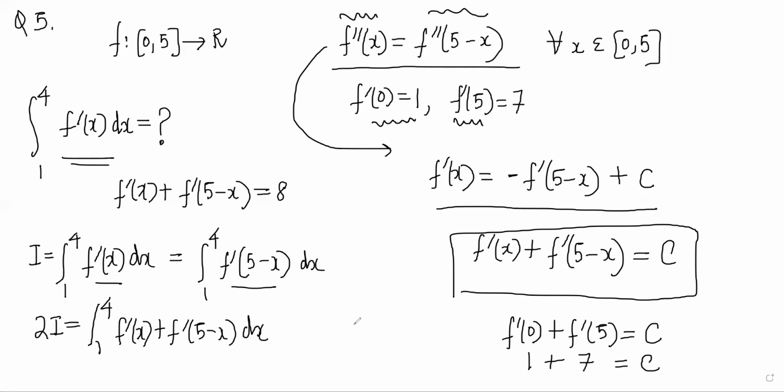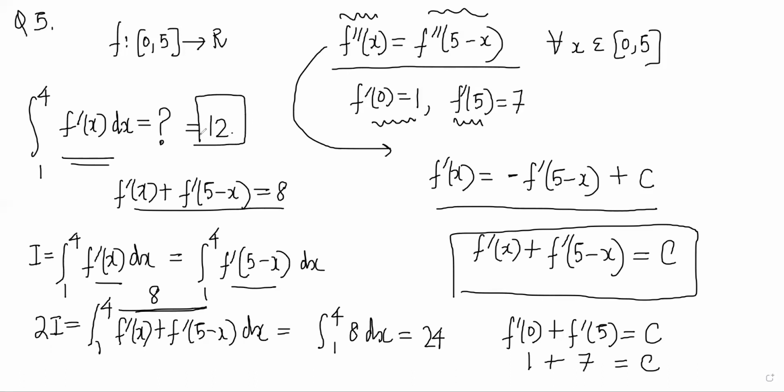And that is equal to 8 as we have seen here. So 2I is equal to the integral from 1 to 4 of 8 dx, which becomes 8 into 3, so 24. So I is equal to 12. Do you understand? Yes.